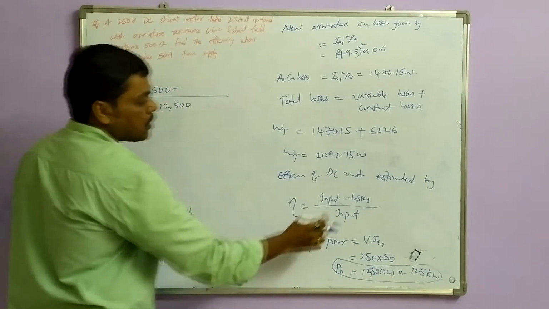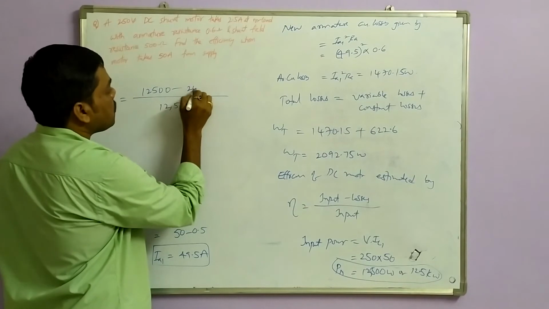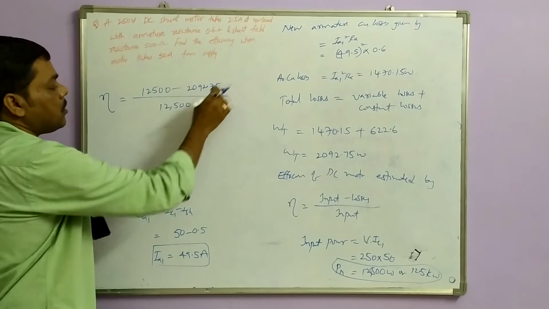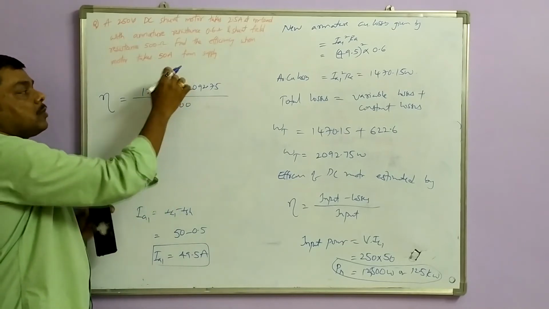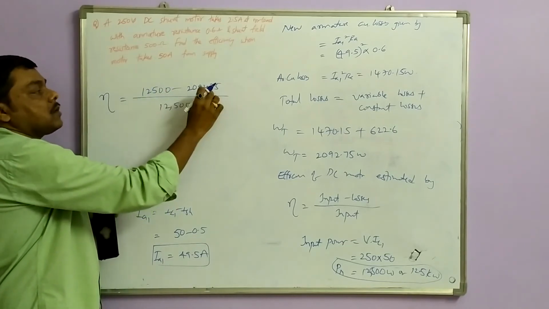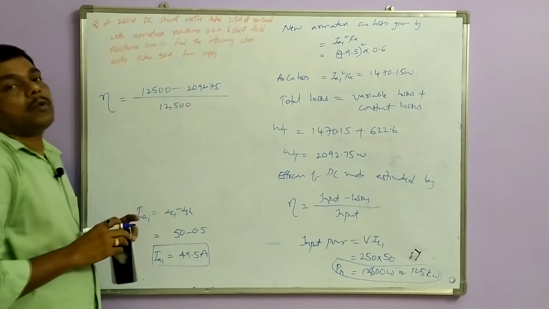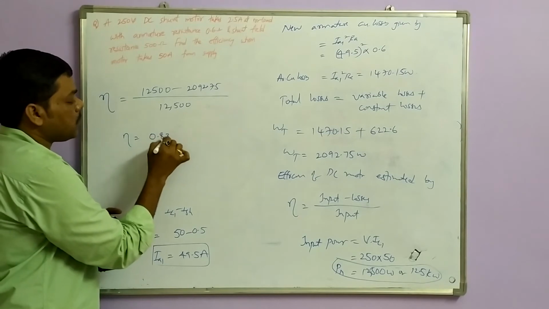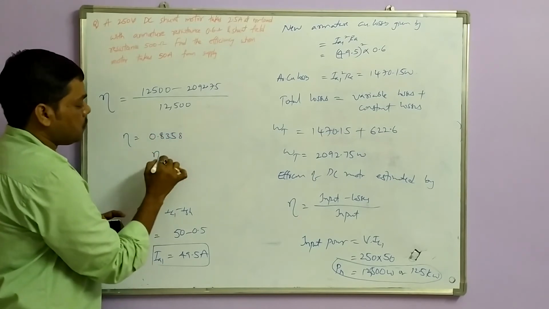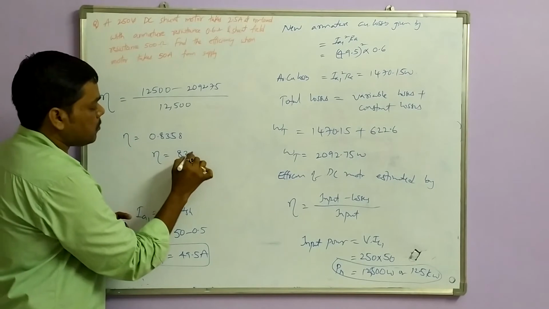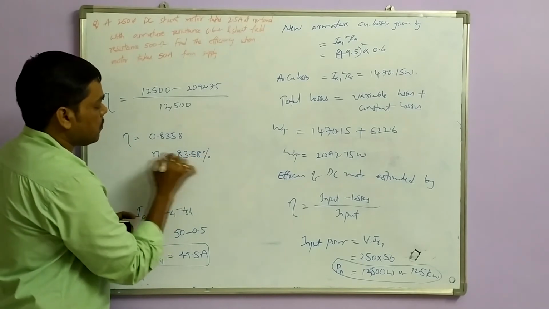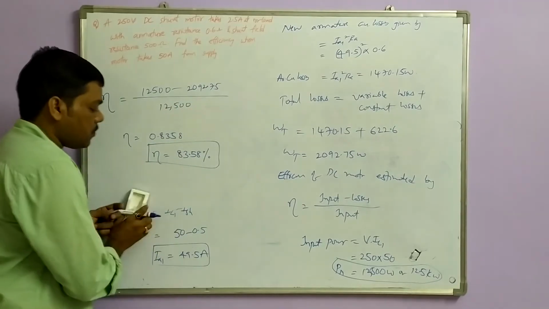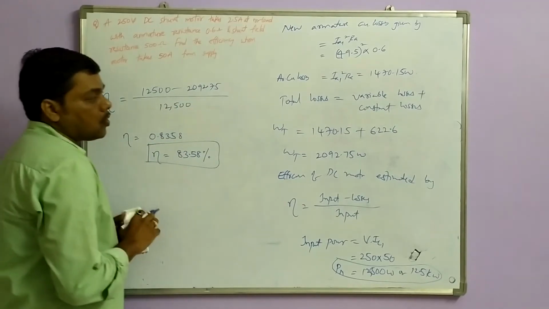So what is the total losses we calculated here? 2092.75. Now output by input power, but output power in terms of input minus losses by input power. Now you will get efficiency around 0.8358. So efficiency is 83.58%. Now this will be the solution for 50 amperes load current.